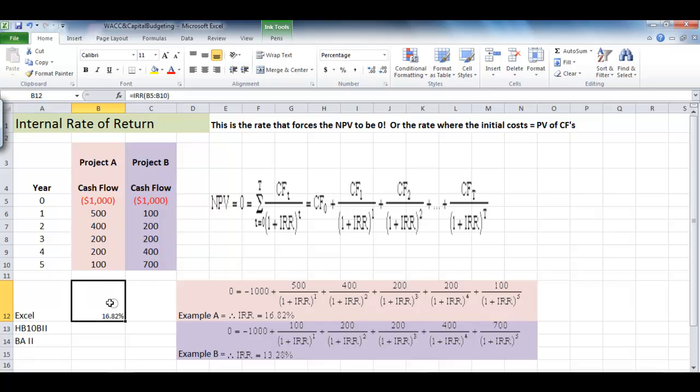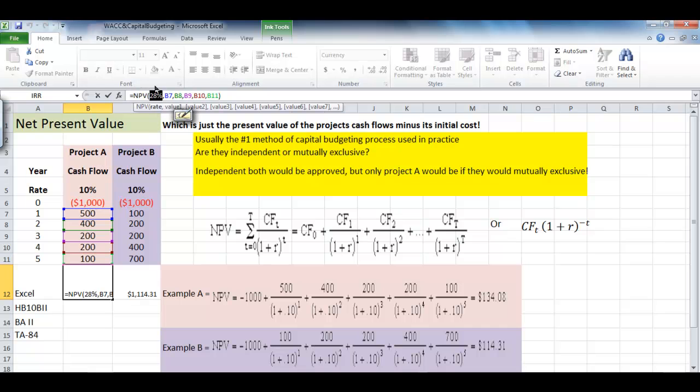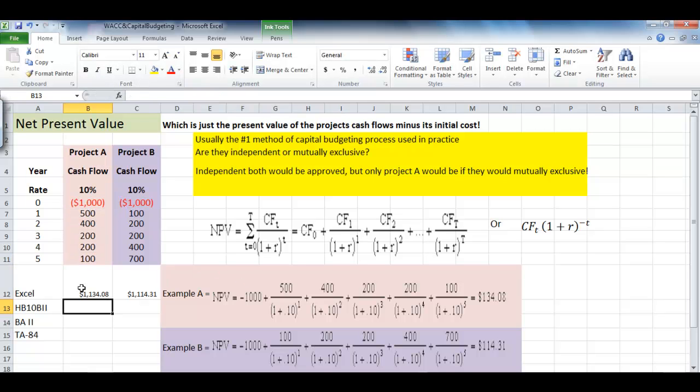So what it's telling me is that these cash flows actually represent a 16.82% return. Now, earlier, we calculated an NPV at 10%, so let's go ahead and make this a 10%. We found that it was greater than $1,000.